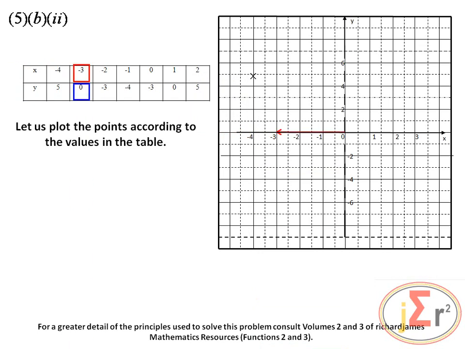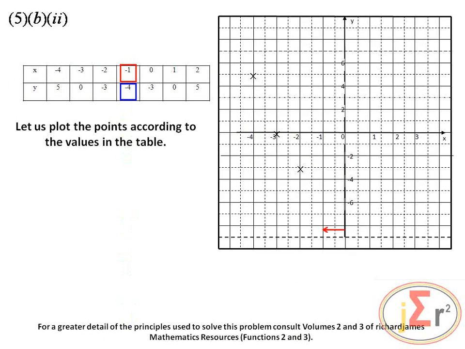Negative 3 in the x direction, no movement in the y direction, so the point is right there. Negative 2, negative 3: negative 2 in the x direction, negative 3 in the y direction, and the point is placed there.